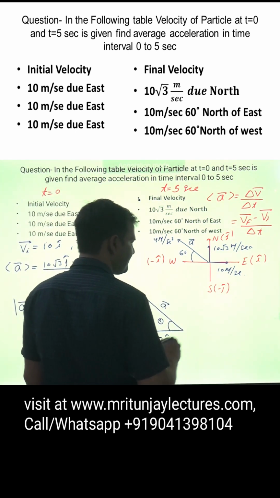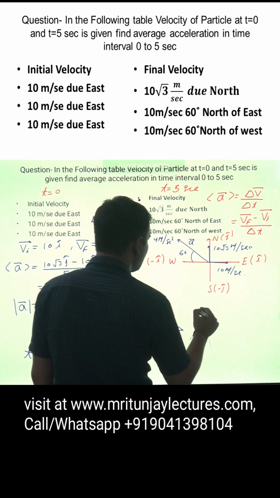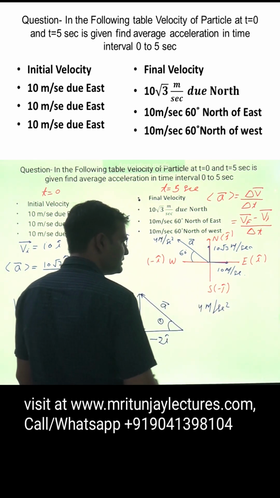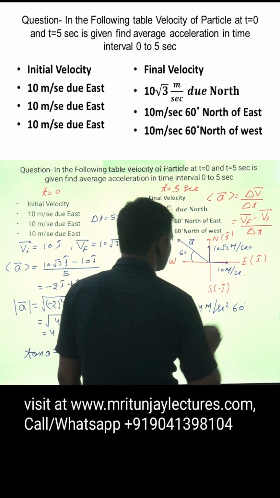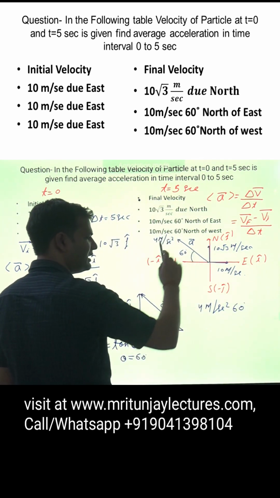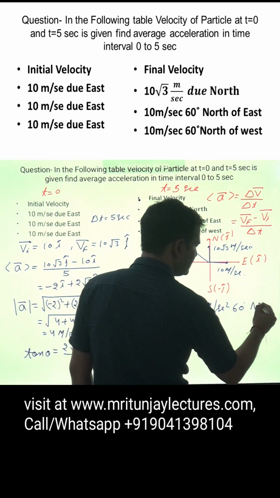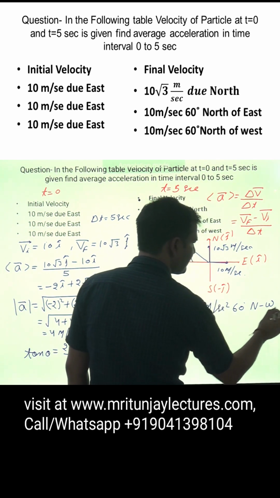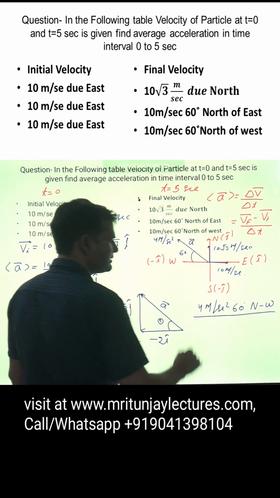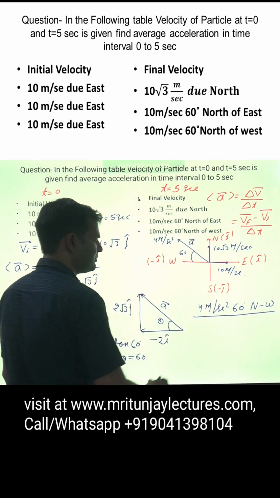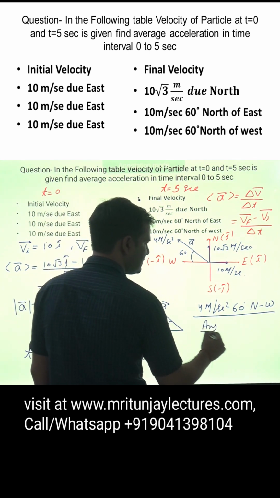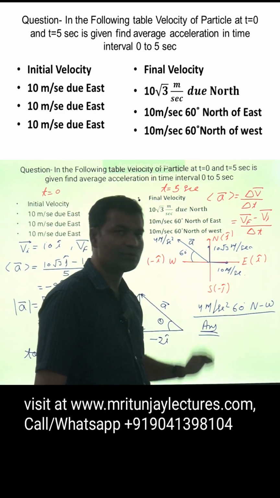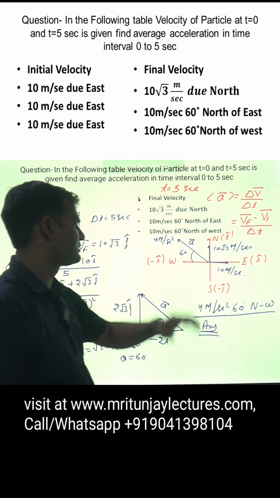The final answer is 4 meter per second square, 60 degree north of west. Clear or not? So that is the final answer. Very simple. So the answer is 4 meter per second square, 60 degree north of west.